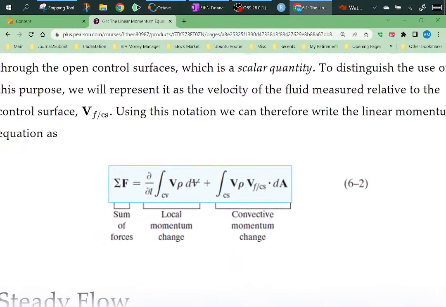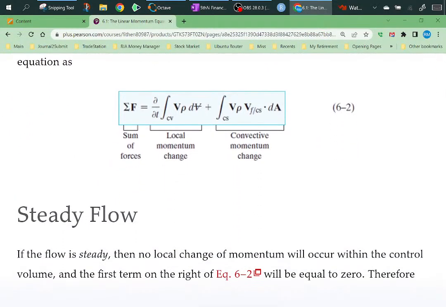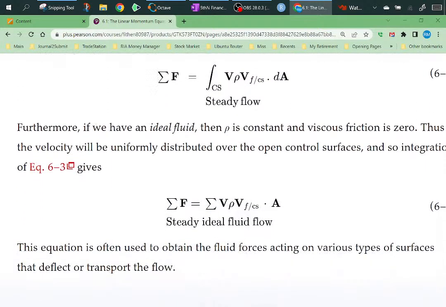He says the sum of the forces is equal to the local... I'm not sure I buy completely into those two descriptions he's got. The one on the left is the time-dependent change. The one on the right is not. For steady flow, the one in the middle, the local momentum change, becomes zero, and you just get steady flow.